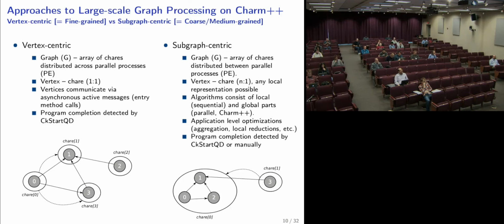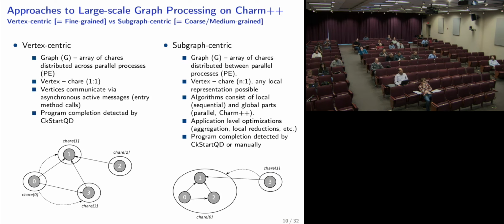So we have the same number of chares in the Charm++ program as the number of vertices in the graph. It allows writing programs very easily. The program completion is detected by the mechanism of quiescence detection, and it's a very suitable way to program graph applications.